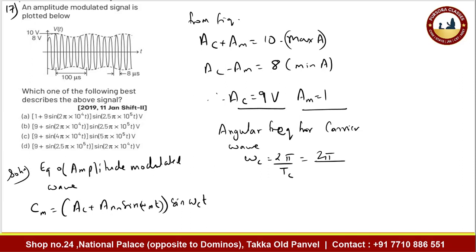So omega_c is 2 pi over 8 into 10 raised to minus 6, that is 2.5 into 10 raised to 5 radians per second.